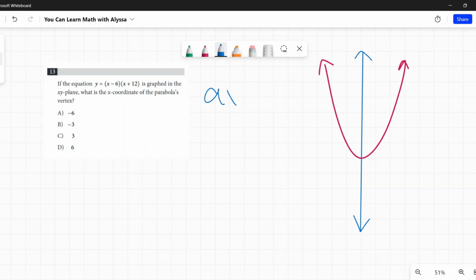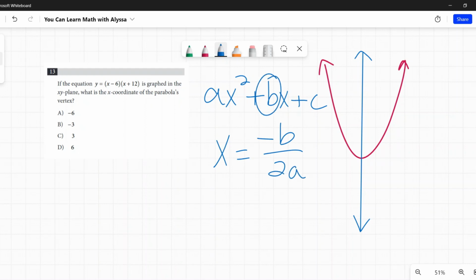If you have a parabola that's written in this form, ax squared plus bx plus c, where a, b, and c are those constants or numbers, then the formula for the axis of symmetry is x equals negative b over 2a. So you take the opposite of that middle number and you divide it by 2 times this first number, and that gives you this axis of symmetry, which is x equals a number.